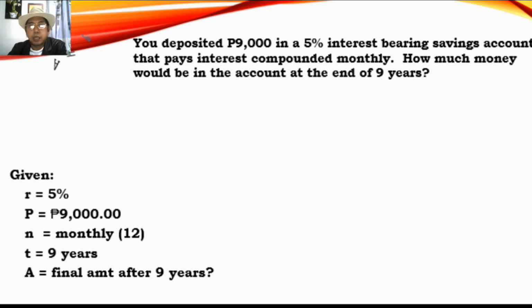So again, to solve the problem, we make use of the working equation for the compounded interest, which is final amount is equal to P, which is the principal, multiplied by the sum of 1 plus the quotient of rate divided by the mode of conversion, raised to the product of mode of conversion and time.